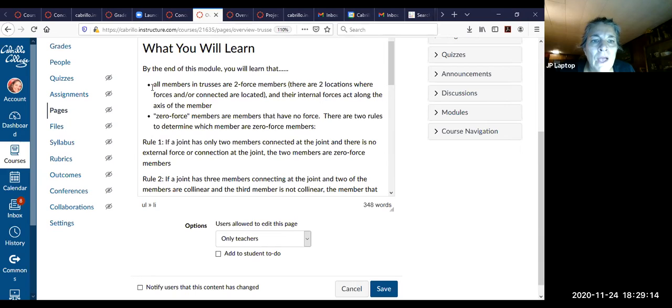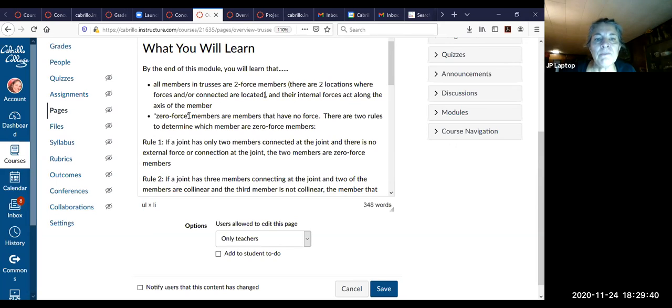All right. So all members in a truss are two force members, and we know their internal forces act along the axis of a member. You've got to know that. Most importantly for frames, because it reduces frames, frames have so many unknowns in them. The biggest thing for trusses that you want to know are the zero force members. Now, why would somebody call us two force member and a zero force member?